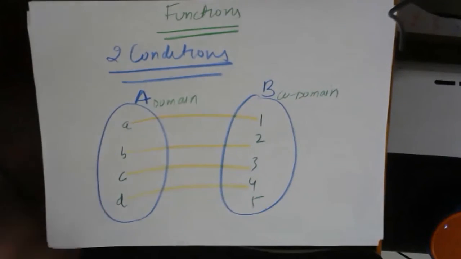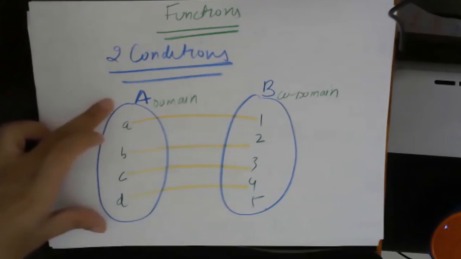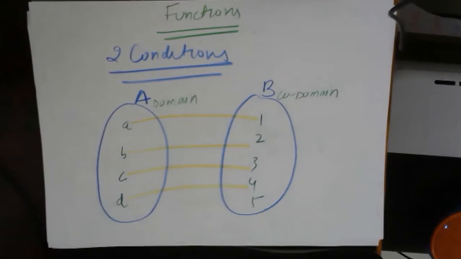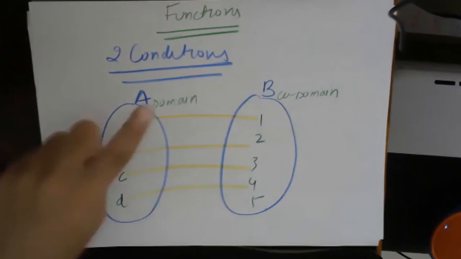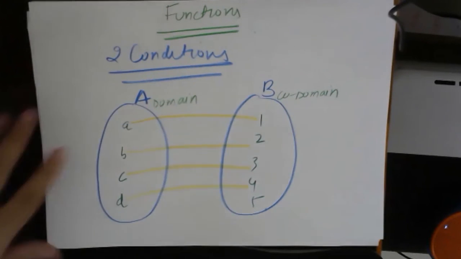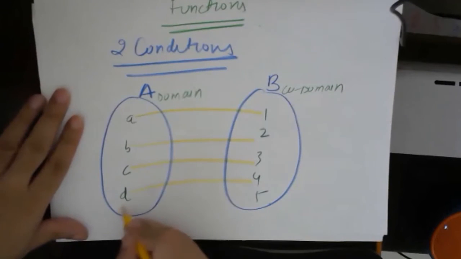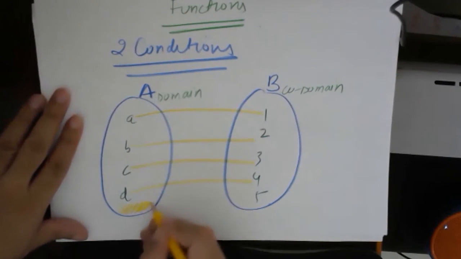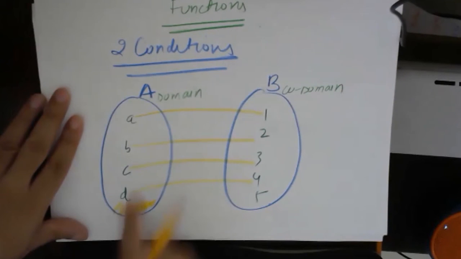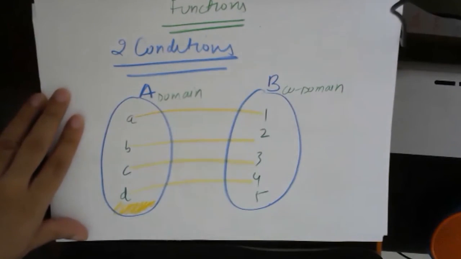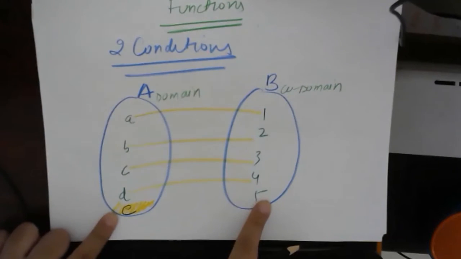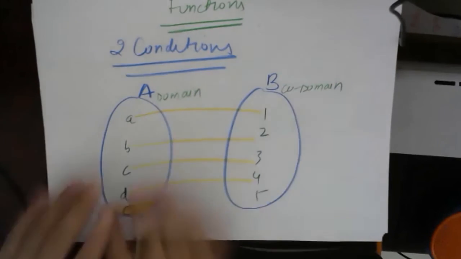For this to become a function, the first very important condition is that no element should be left out. Every element should have an image. For example, if E is not linked with anything, then this is not a function, this is a relation.